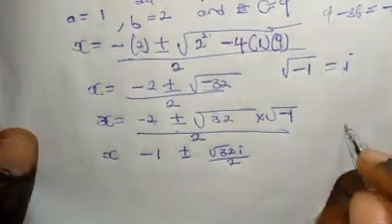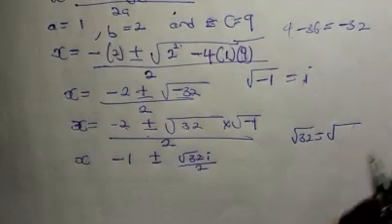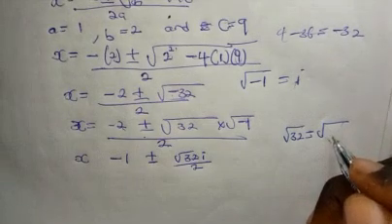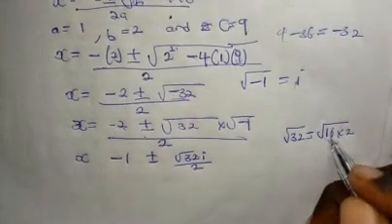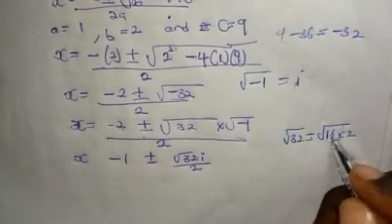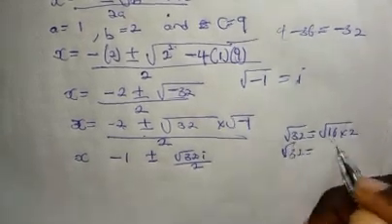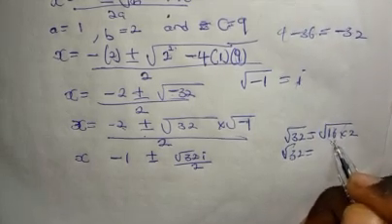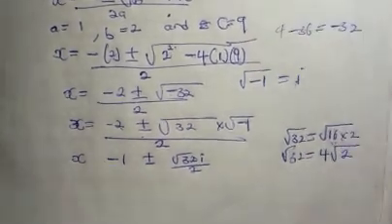Don't forget root 32, using the third property, is equal to root of 16 times 2, and 16 is a perfect square, which is 4 raised to the power of 2, and therefore, since this 4 is the power of 2, the root cancels the power, we will be left with 4 root 2.